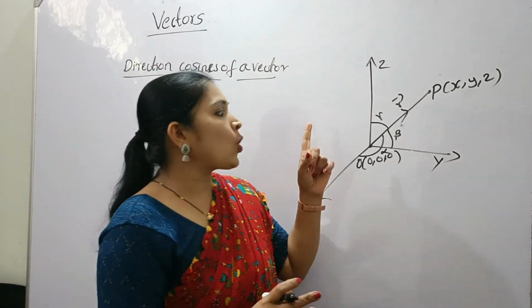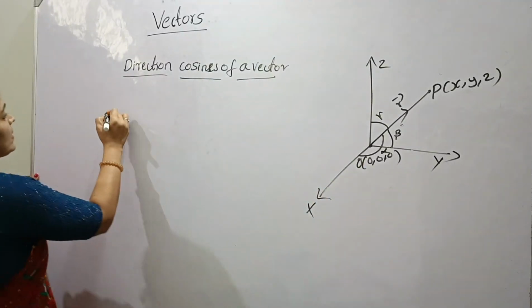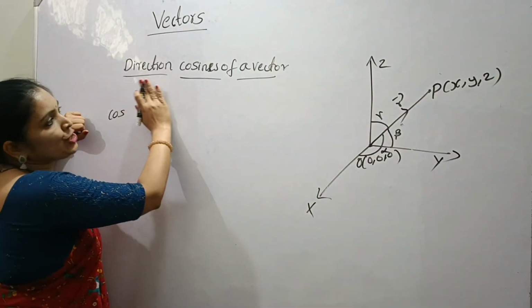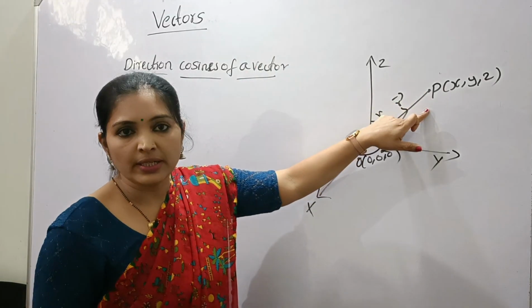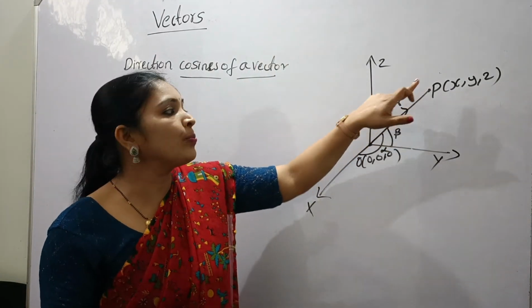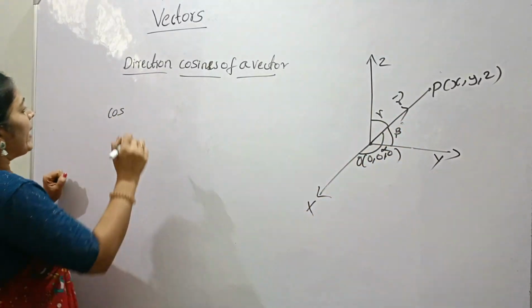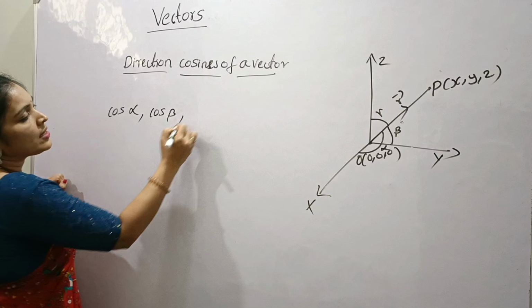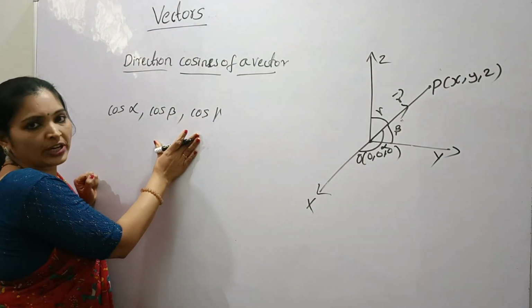The cosine values of these angles are called the direction cosines of a vector, that is, of the position vector R or vector OP. It is written as cos alpha, cos beta, cos gamma are the direction cosines of a vector.